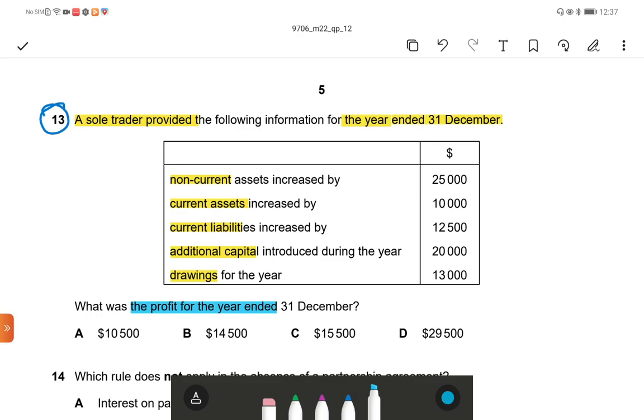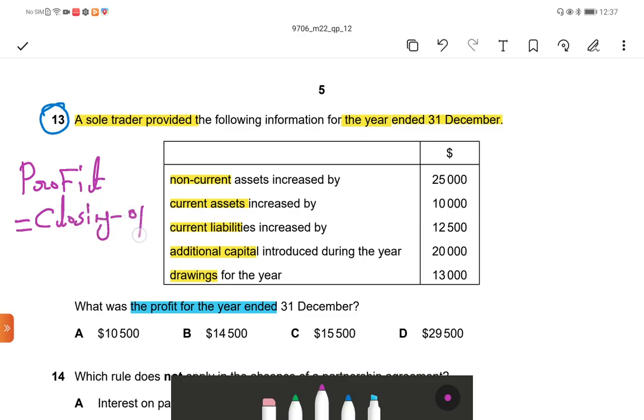Profit for the year is equal to closing capital minus opening capital, minus additional capital, plus drawing.